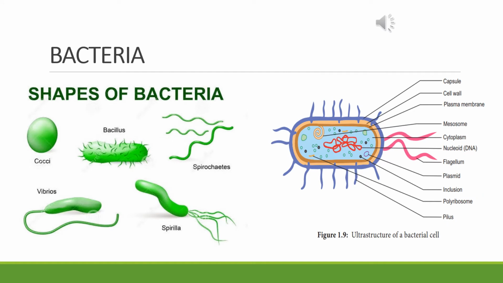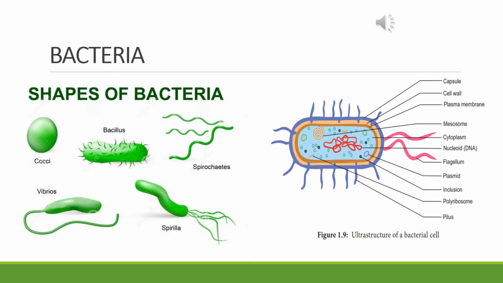Bacteria can be of different shapes, and there are four types of shapes. On the basis of different shapes, bacteria can be classified into four groups. The first is the cocci or coccus. These are bacteria that are ovoid or circular in shape.